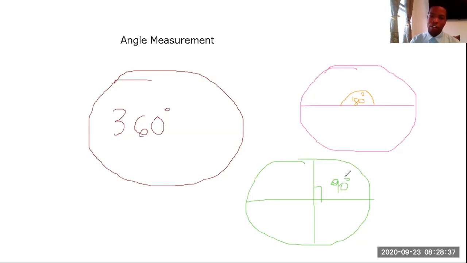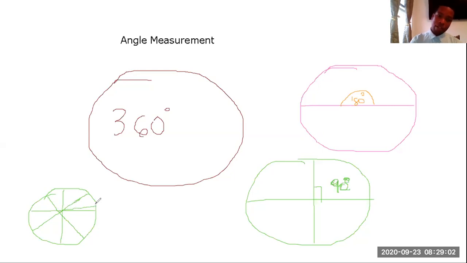If I really want to figure out the whole idea of what an angle is: if I split this up into 360 different parts, then each part is going to be 1 degree.